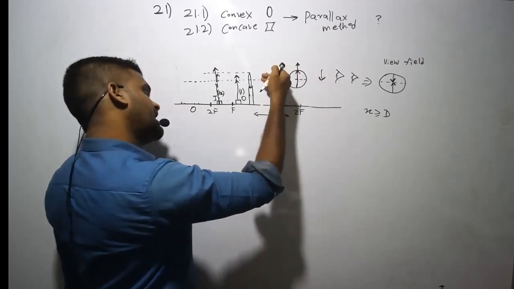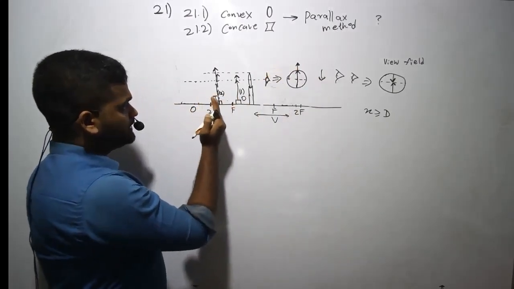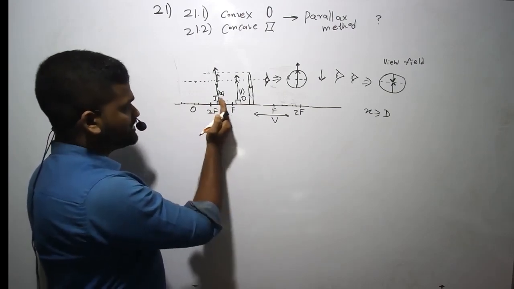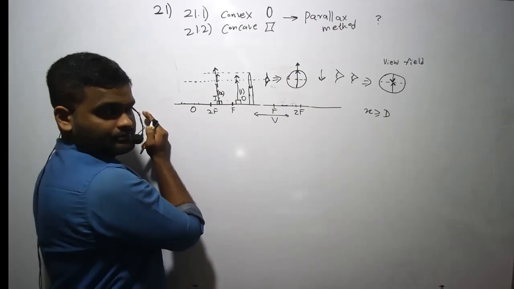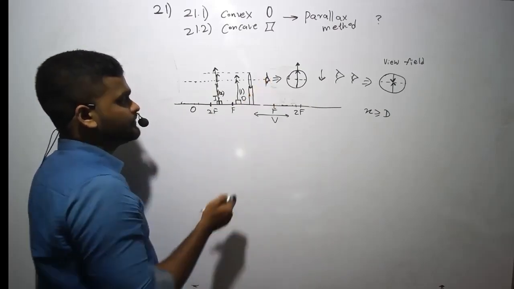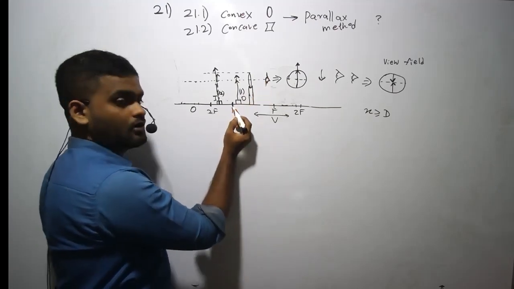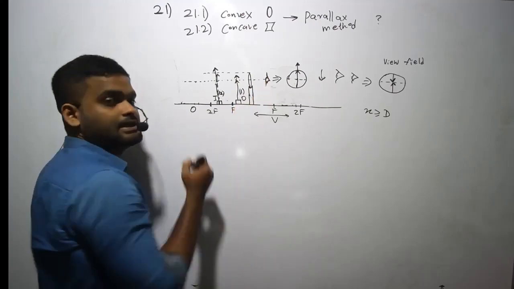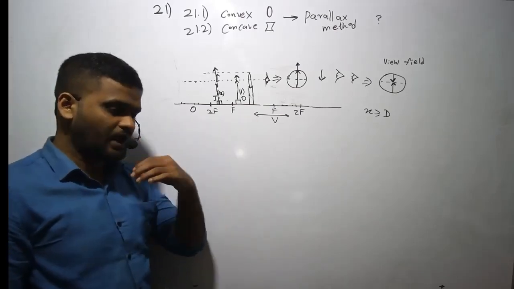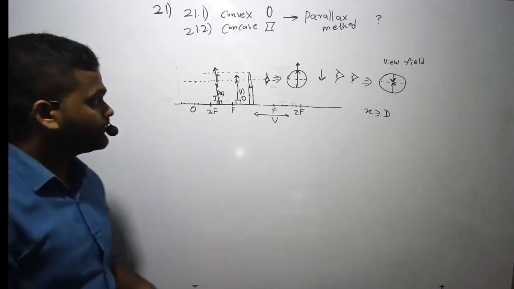So by placing the eye here, you have prevented all the images created by objects that are placed beyond f, right? So when you place the eye here, you will only see images of objects that are between f and the lens, right? If you don't understand this, you have to think deeply, right? Okay.